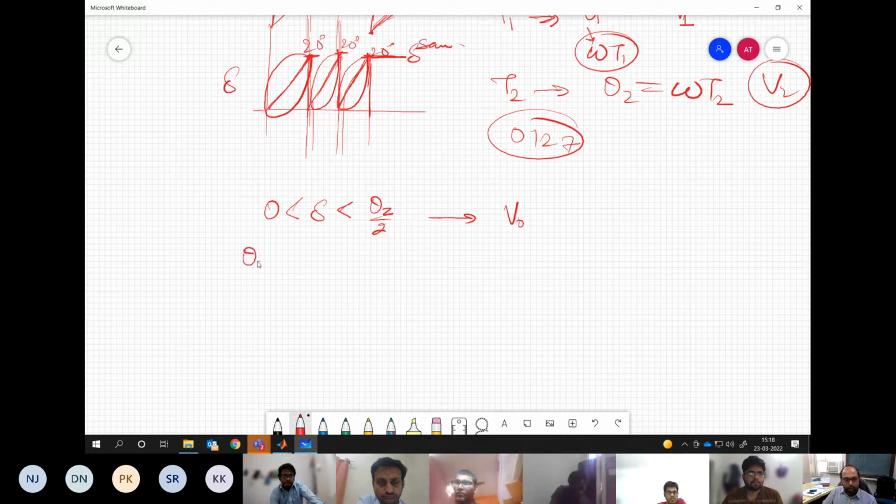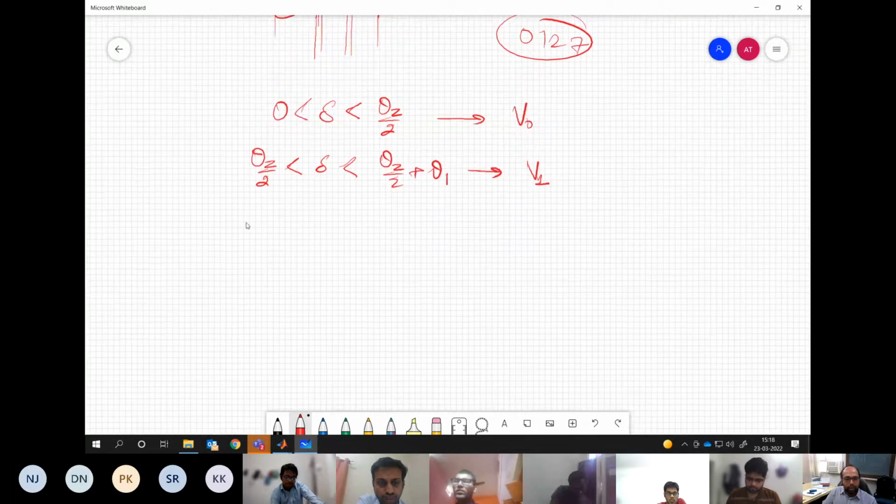When my angle is changing from theta z by 2 to theta z by 2 plus theta 1, I will apply V1.